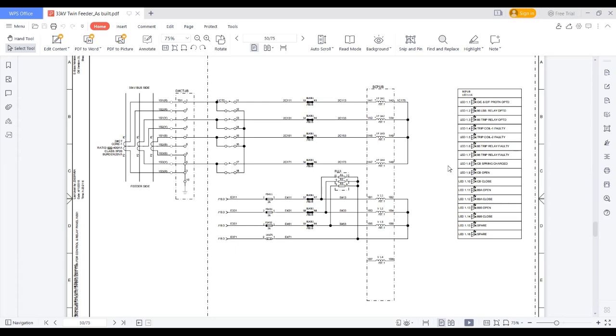So every scheme drawing, whatever scheme drawing you consider, suppose it could be for 33 kV sectionalizer, coupler, whatever it may be, this remains the same. So this is a standard.